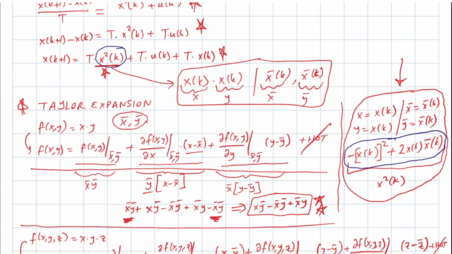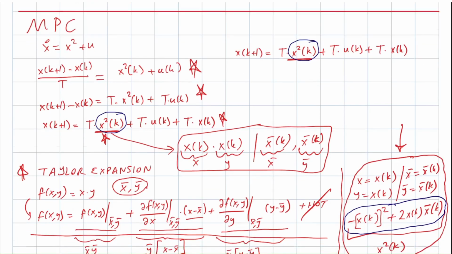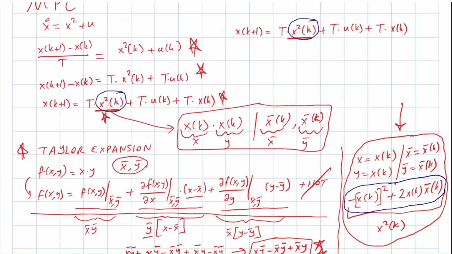Maybe it would be better for us, for the sake of completeness, to write this. Let me get another color. Let me copy this expression, copy and paste, delete the unnecessary things. One more time, let us copy that again and paste it.